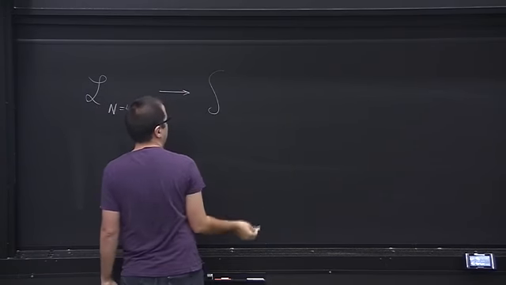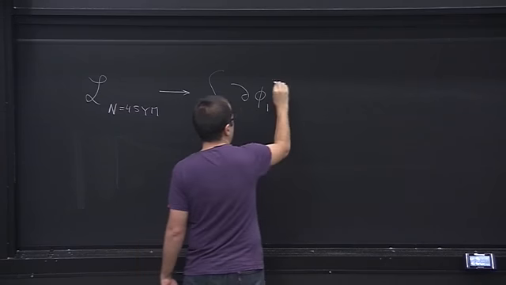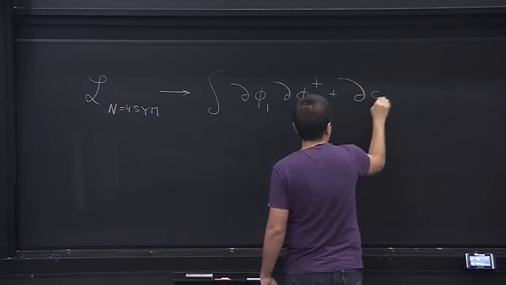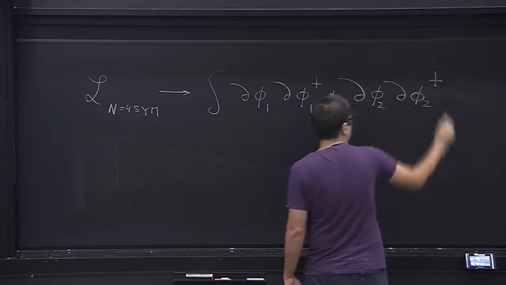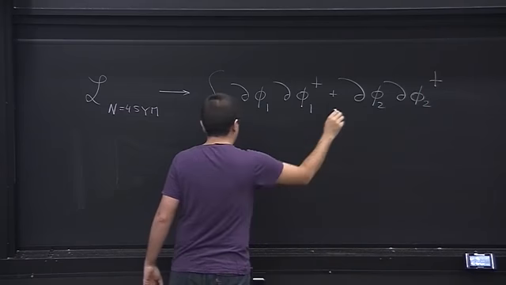It becomes the integral of d phi 1, this is one of the scalars, d phi 1 dagger, plus d phi 2 dagger. Okay, so this is what we had before. Now I'm using a slightly different notation.